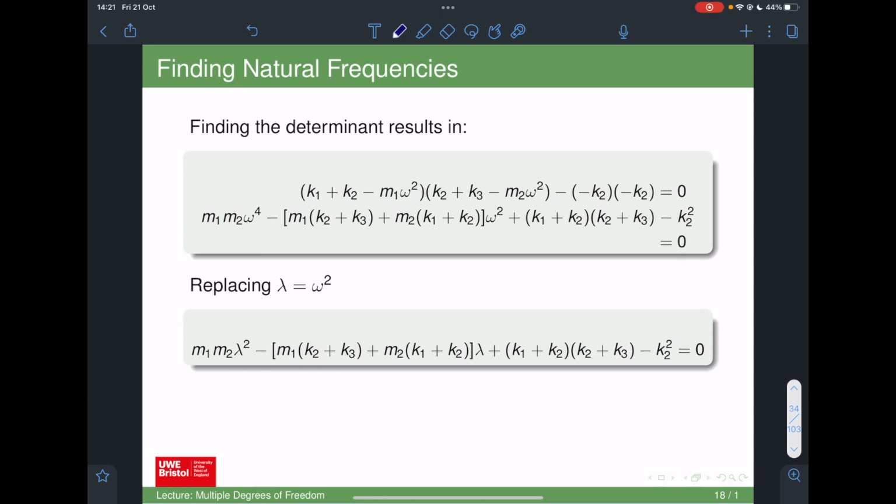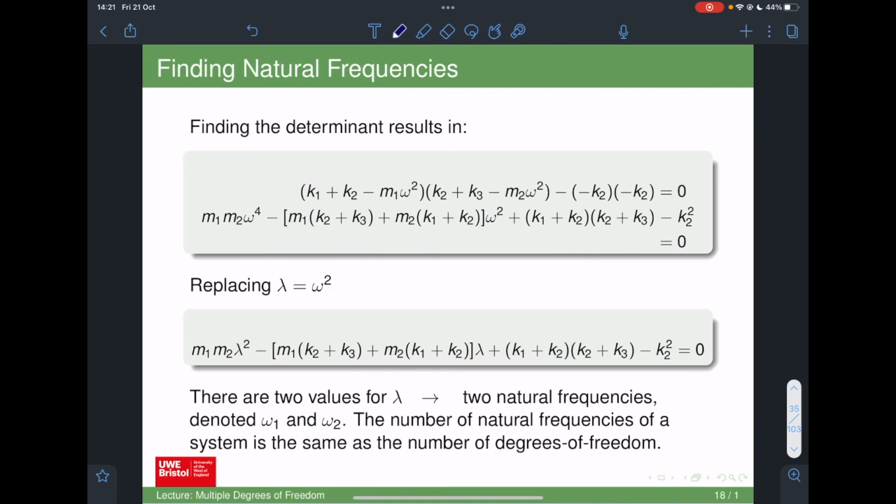This is clearly the quadratic equation. You've got some coefficient in front of lambda squared, another coefficient in front of lambda, and another coefficient with no lambda at all. Okay, so we look at this complicated equation. And clearly we can then use the quadratic formula to solve for the roots. Okay, so we go through that, you can find the roots.